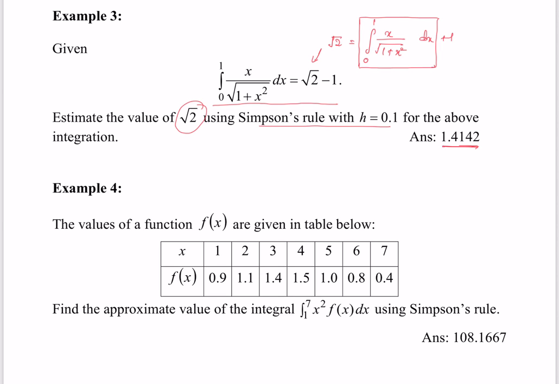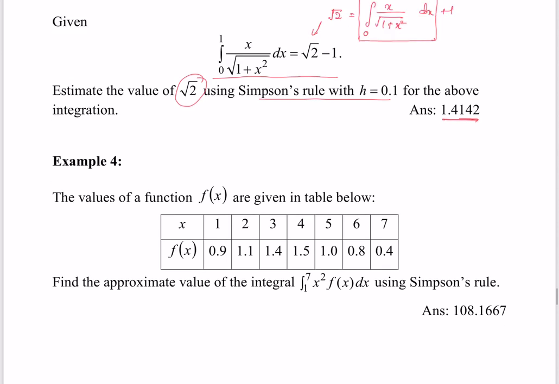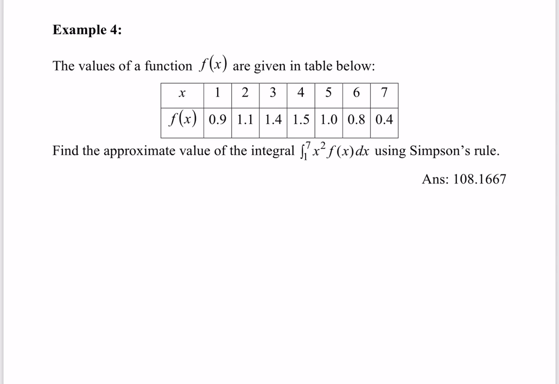But what we want to see is how you approximate this integration, how you evaluate this integration by using the Simpson rule. And it is the same also for example 4. You are given the table. Everything is given for you: what is x, what is your f(x), and now what you need to do is evaluate x squared multiplied by f(x).